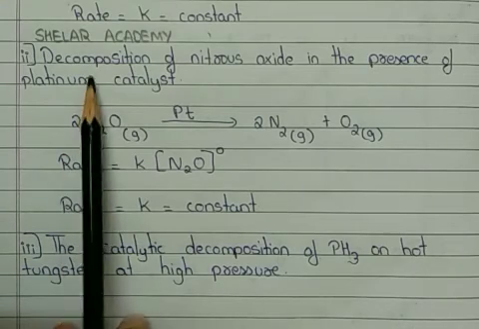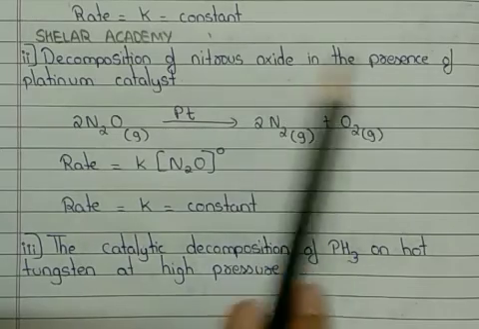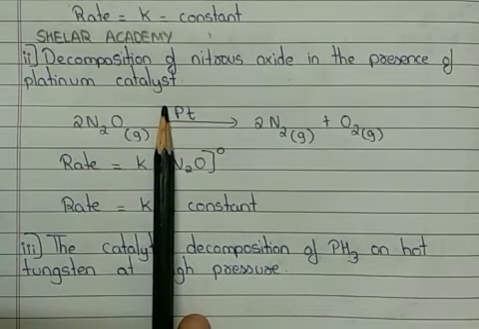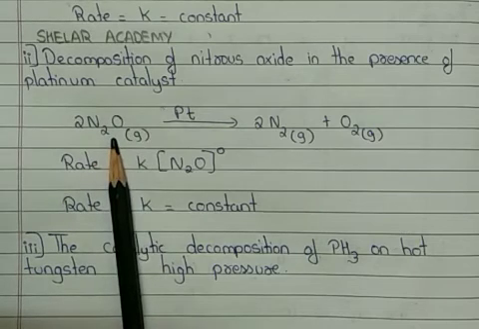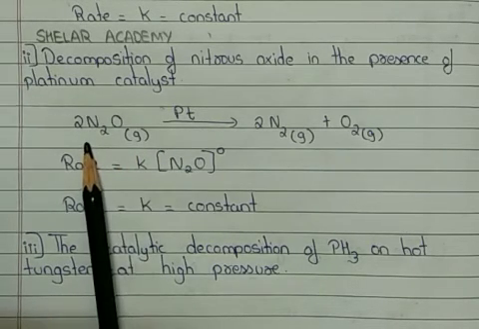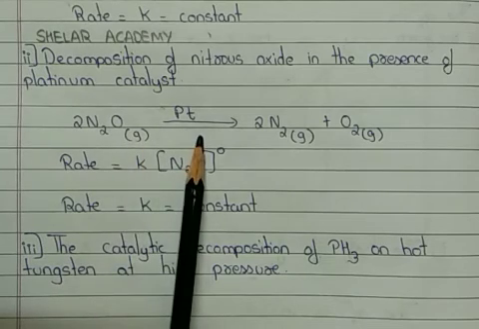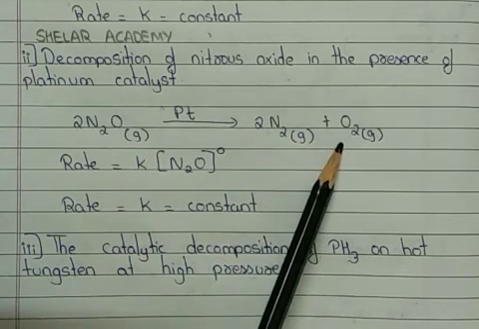The next example is decomposition of nitrous oxide in presence of platinum catalyst. So this is again catalytic decomposition. The reaction is 2 moles of nitrous oxide in presence of platinum giving 2 moles of nitrogen and 1 mole of oxygen.